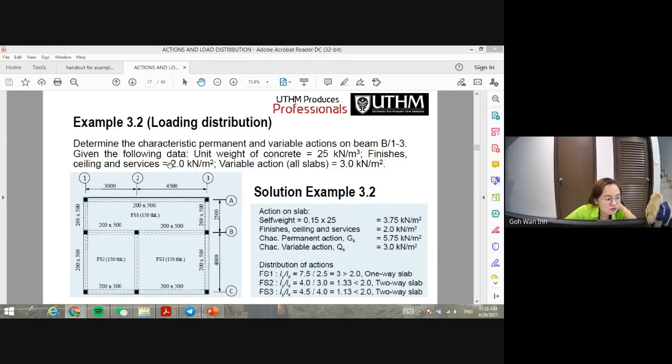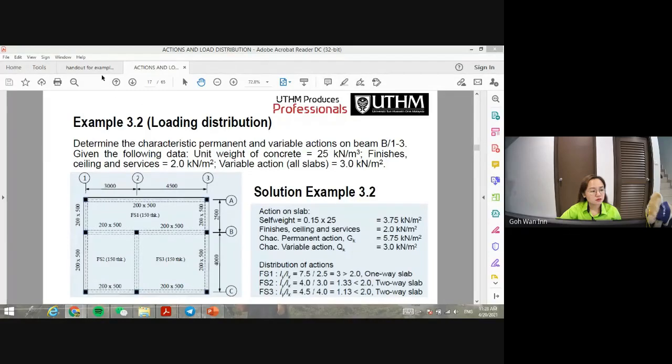Finishes and ceiling services is 2.0 kilonewton per meter cube. And variable actions of all slabs are 3.0 kilonewton per meter cube. So what you have now here is the beam size, B and H, the length, all the unit weight, the finishes. So you need to calculate the loading.